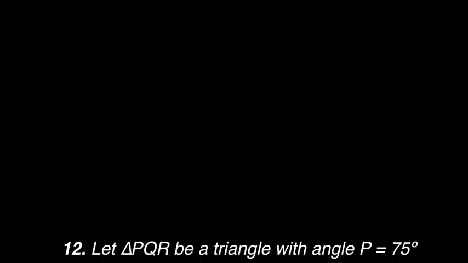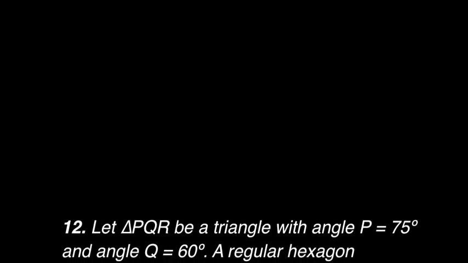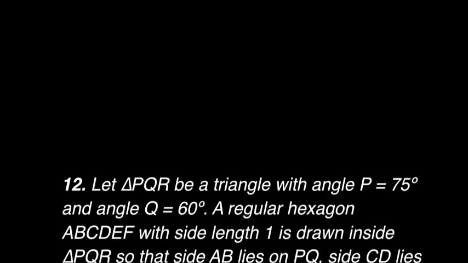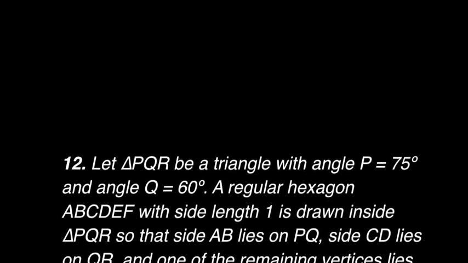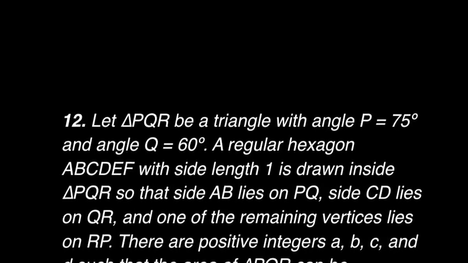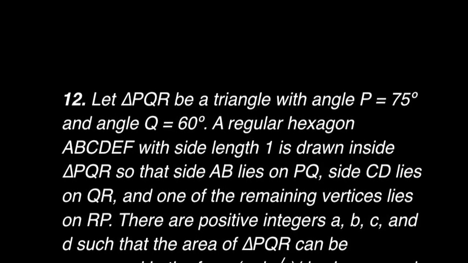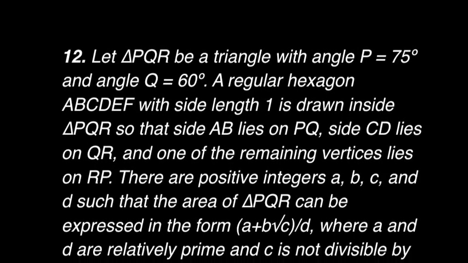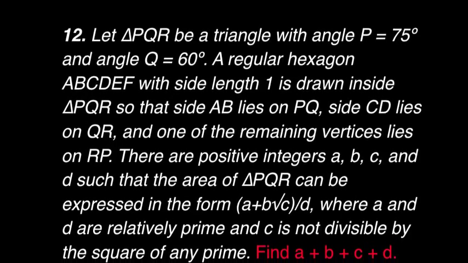Let triangle PQR be a triangle with angle P equals 75 degrees and angle Q equals 60 degrees. A regular hexagon ABCDEF with side length 1 is drawn inside triangle PQR so that side AB lies on PQ, side CD lies on QR, and one of the remaining vertices lies on RP.